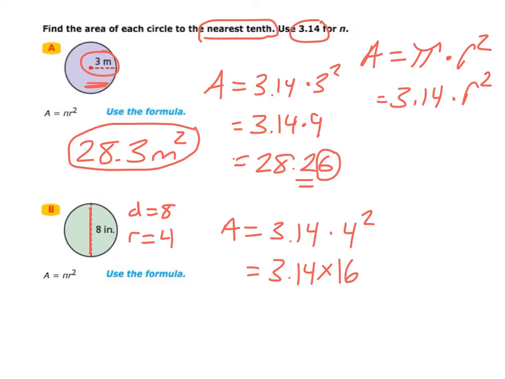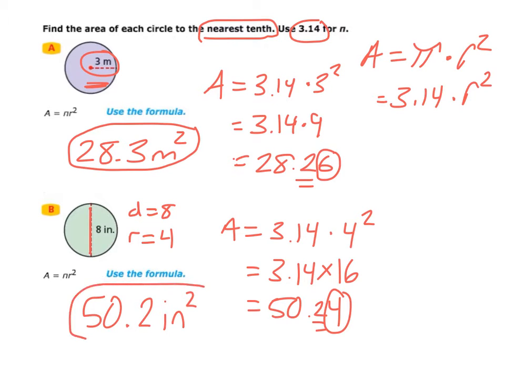Using my calculator, I got 50.24. Rounding this to the nearest tenth, using the 4, it's going to stay at 2. So a final answer would be 50.2 square inches. It's important I use the correct units. It helps me demonstrate that I understand that it's an area problem, being square units, and that it's in inches.